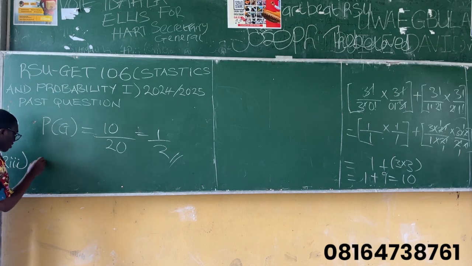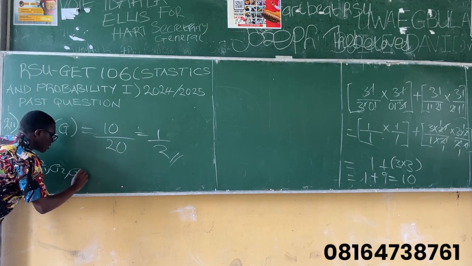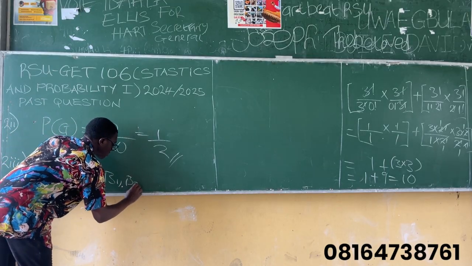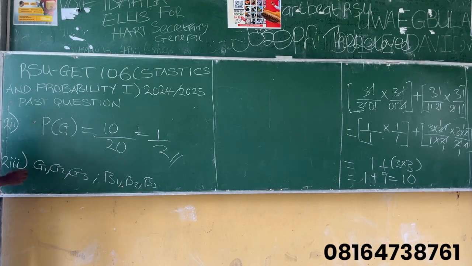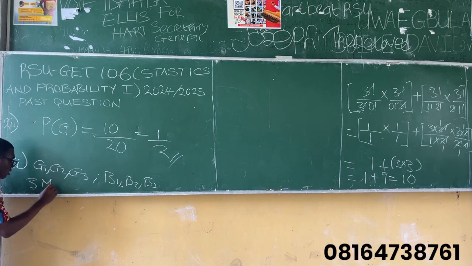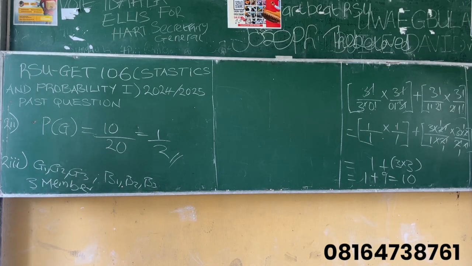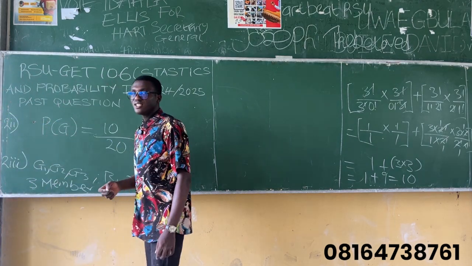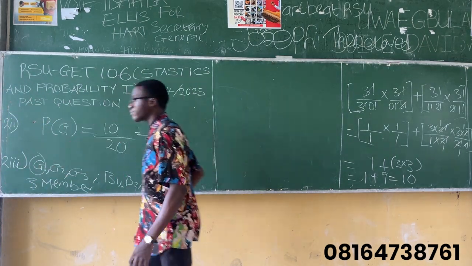So we have G1, G2, and G3, and also B1, B2, and B3 to form a 3-member committee. So they ask, what is the probability that a particular girl will be chosen? So let's say that particular girl that will be chosen is G1.